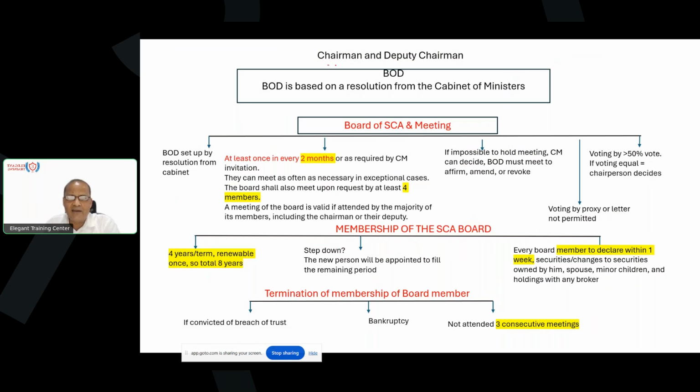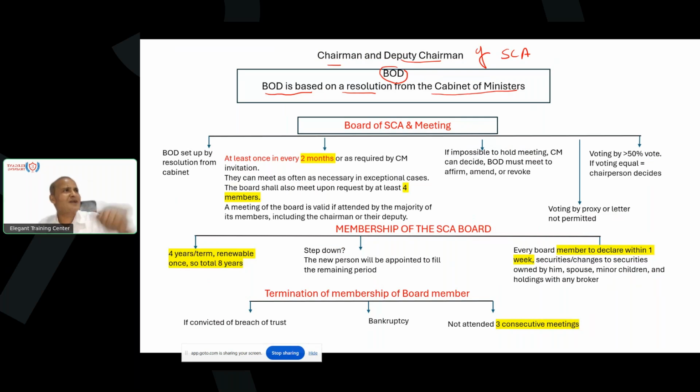Chairman and deputy chairman of SCA. Clear? So you know there is a board of directors. The board is based on a resolution from the cabinet of ministers. So the question: who is forming the board of directors? Cabinet. Clear?